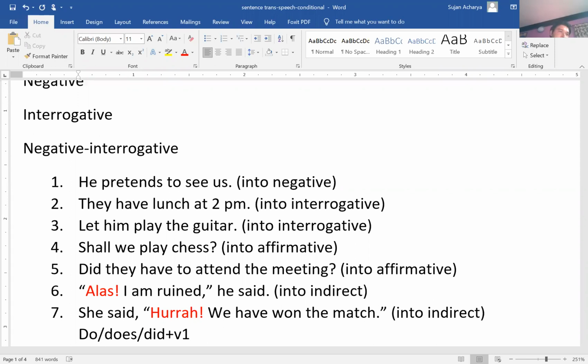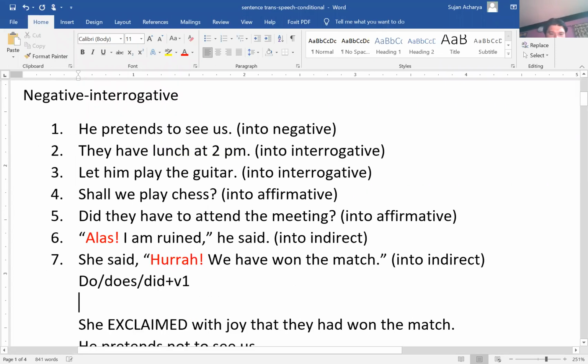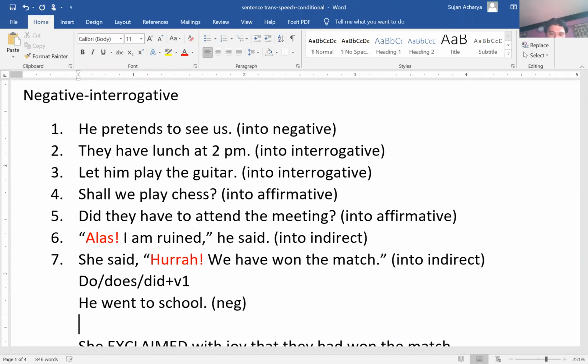For example, he went to school, change the sentence into negative. He went to school. He did not go. After we have used do, does, did, the verb that follows should always be V1.